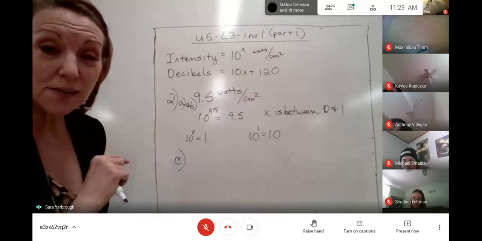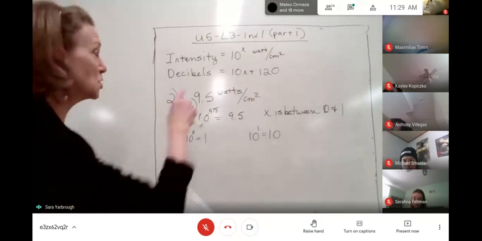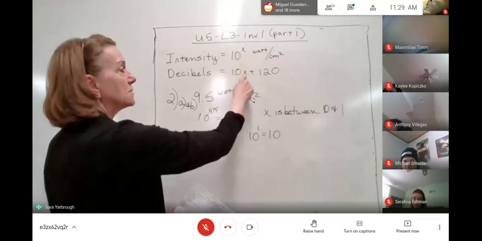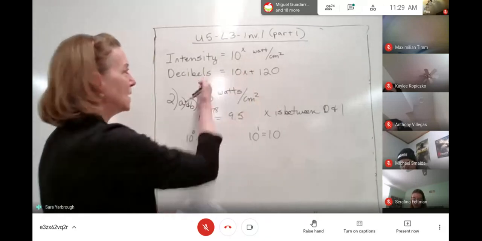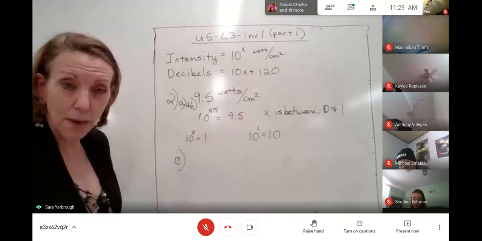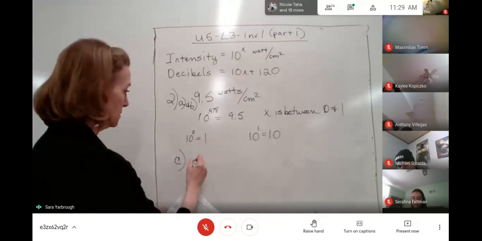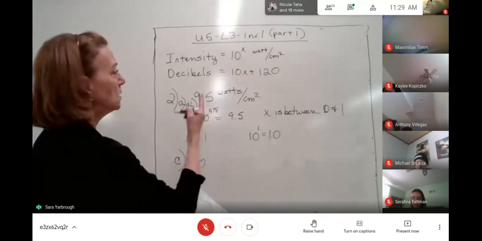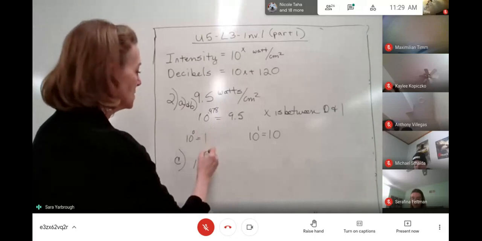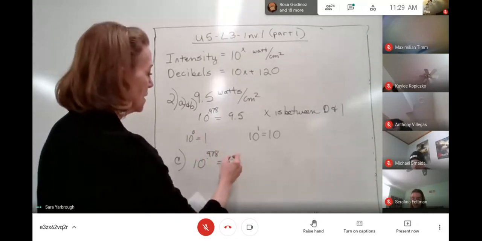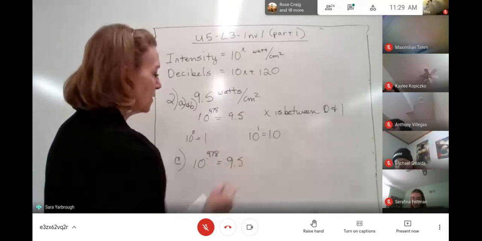Now we can calculate the decibels too, because we know what the X value is. So we can take that X, plug it in here, and we can calculate the decibels for a screaming baby. Okay? 10 to the 0.978 equals approximately 9.5.